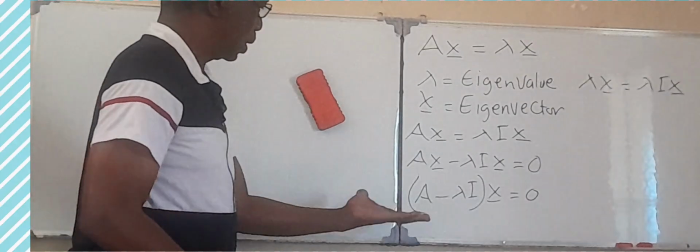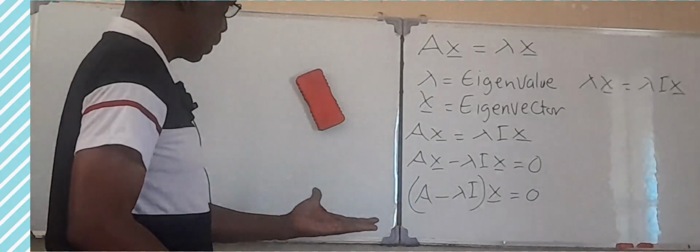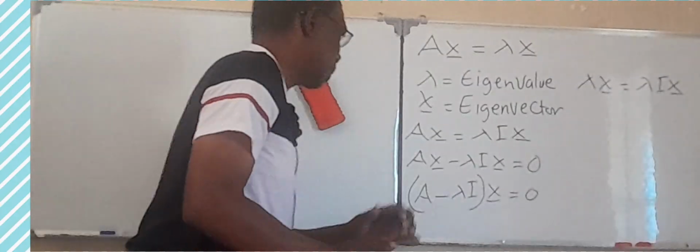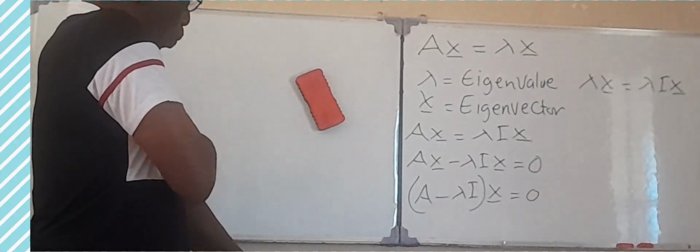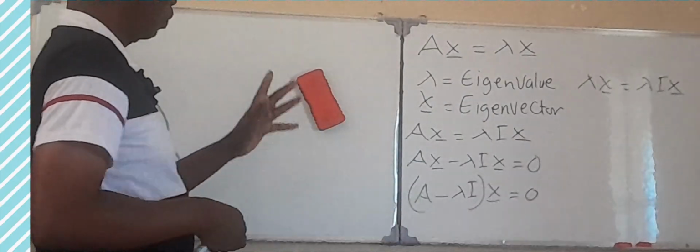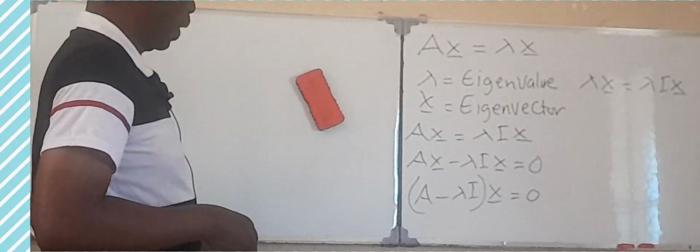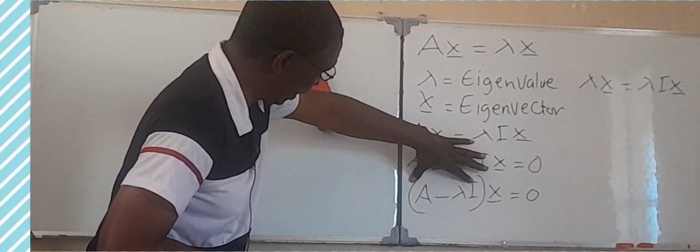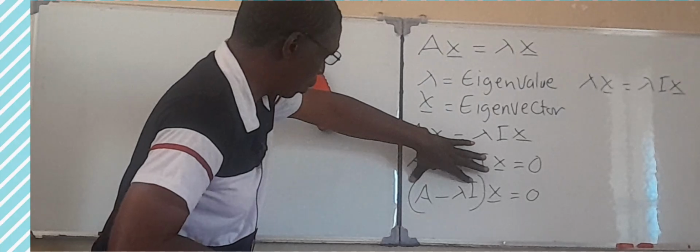Now, this matrix equation says this matrix here multiplied by x gives us 0. The only way that this equation can have non-trivial solutions is when the determinant of the matrix inside the brackets is equal to 0.